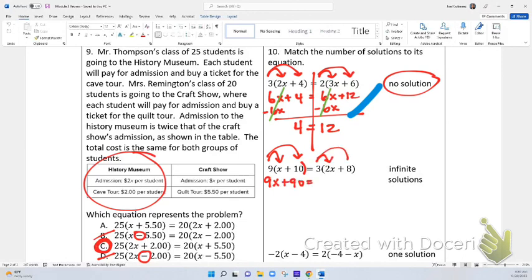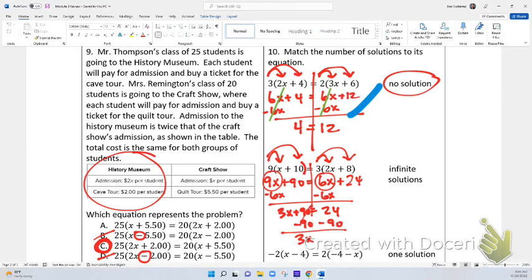On this side, we have 3 times 2x is 6x. 3 times 8 makes 24. So when we solve for this, subtract 6x, subtract 6x, you get 3x plus 90 equals 24. Subtract 90, subtract 90, you get 3x equals negative 66.